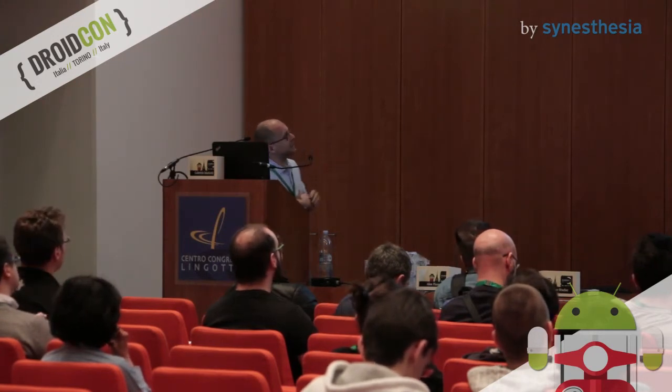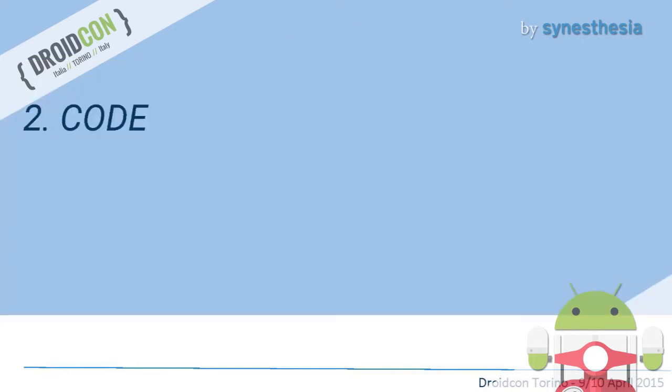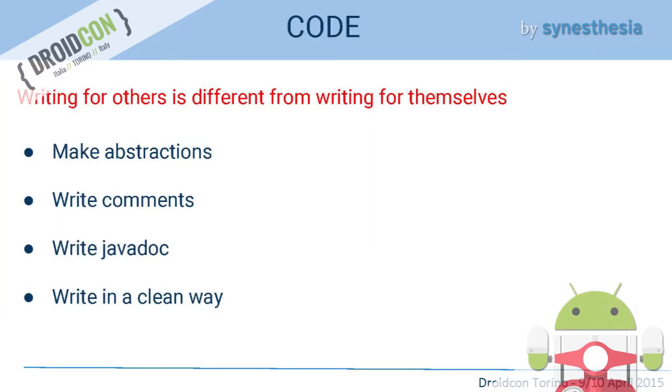These are the steps that I followed to share my library 2 years ago. First of all, the idea. I had the idea to collect my ideas, my code, my examples, and put all the code together, and I realized that this code was good to use, but not good to publish for others.